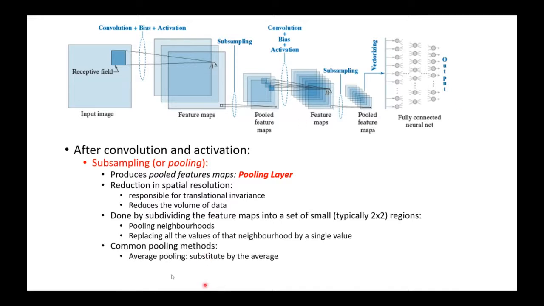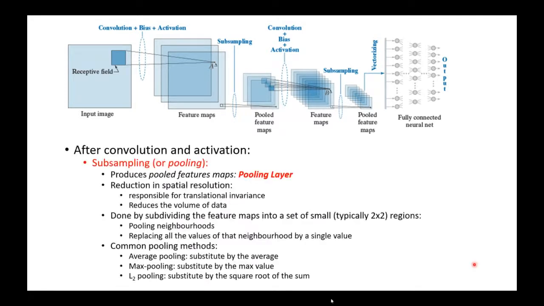There are a number of common pooling methods. We can take this little region, the pooling neighborhood, and substitute this 2x2 region in the image by the average. That's one method, or by the maximum value. That's max pooling.